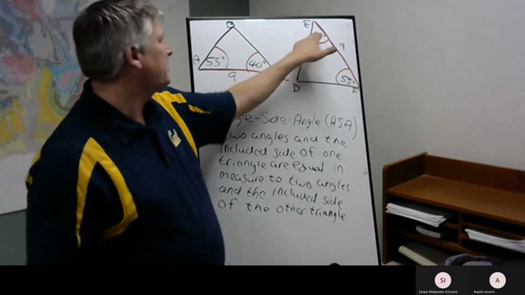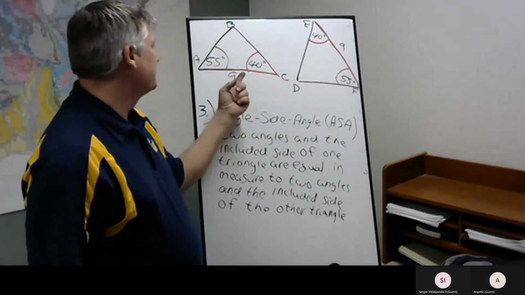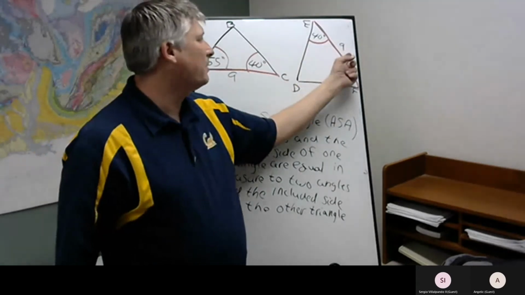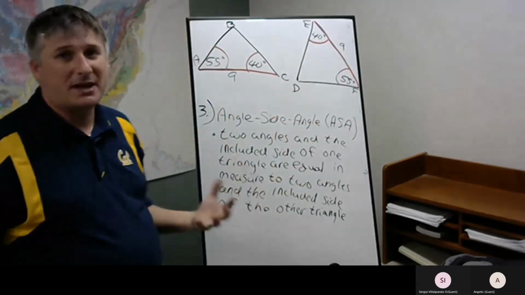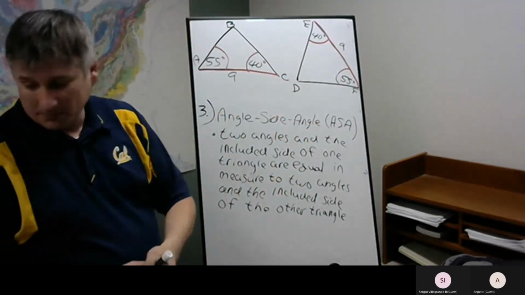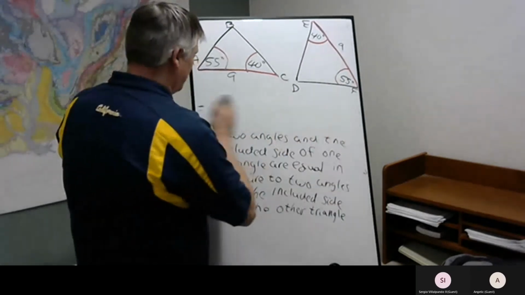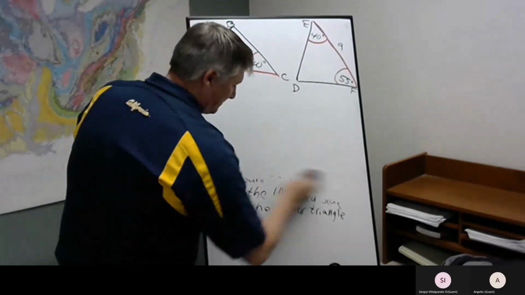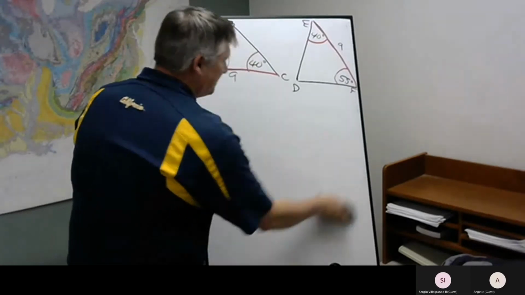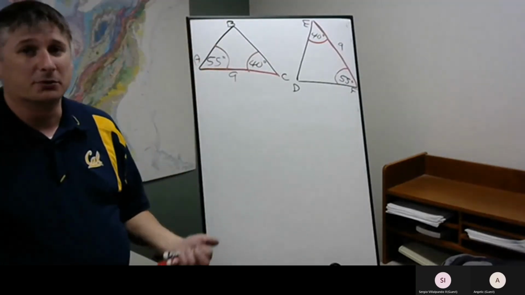So these two are equal, these two are equal, and the side between both sets is also equal. So this means by angle side angle, these triangles are congruent.